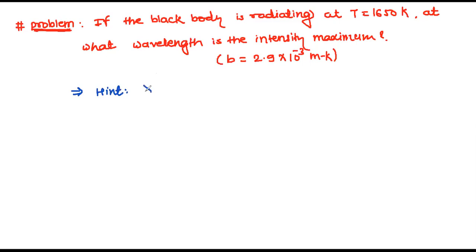Very simple. Lambda m into T is equal to B, and you have to find lambda m. I am giving the answer also. Answer is 1.8 into 10 to the power minus 6 meter.